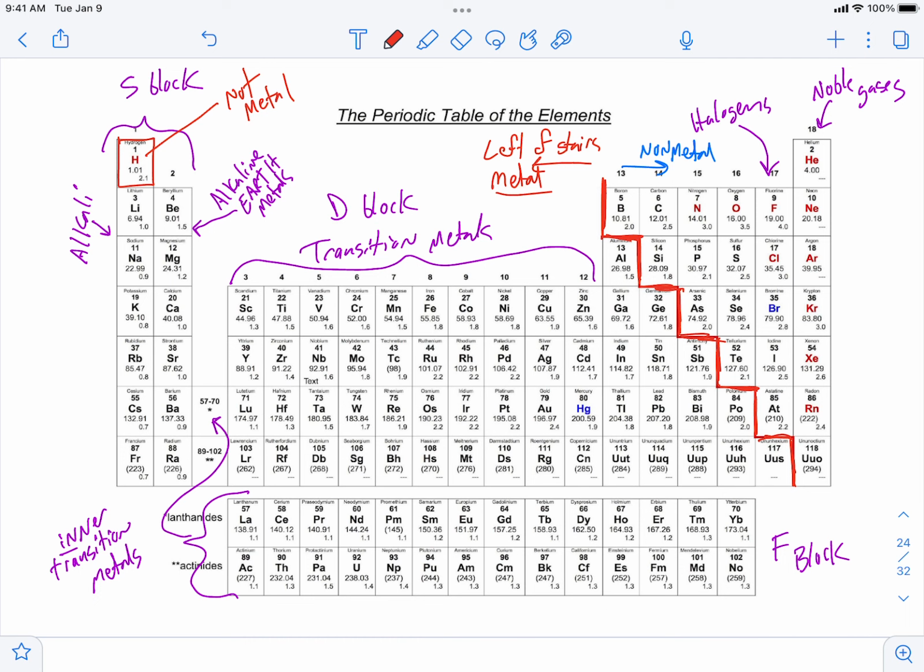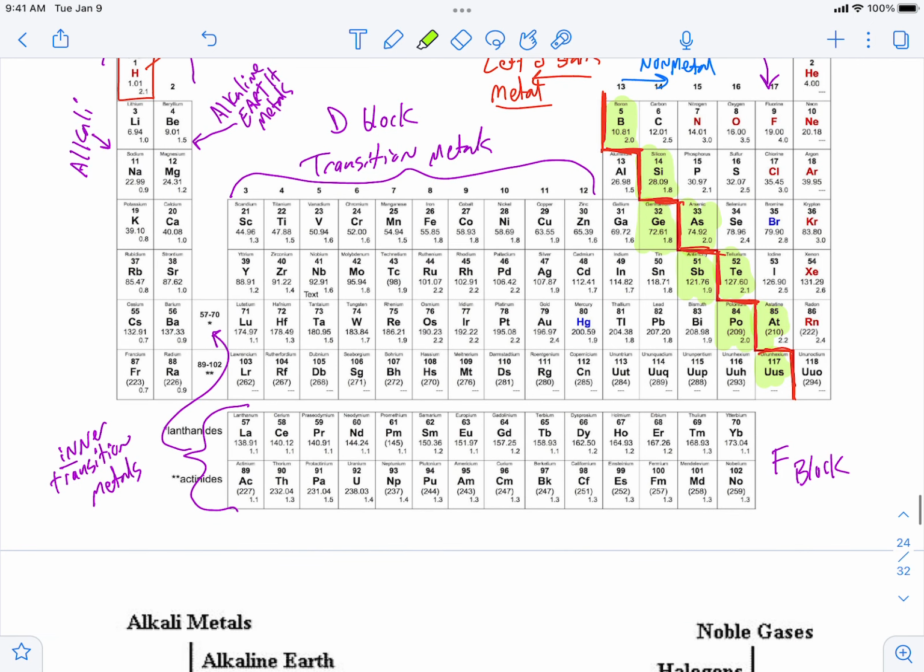Okay. Then, if you're okay with that, now we need to talk about elements that are touching the line. These guys here, they're essentially the cutoffs, right? They're between the metals and the nonmetals, which means they are not metals or nonmetals.